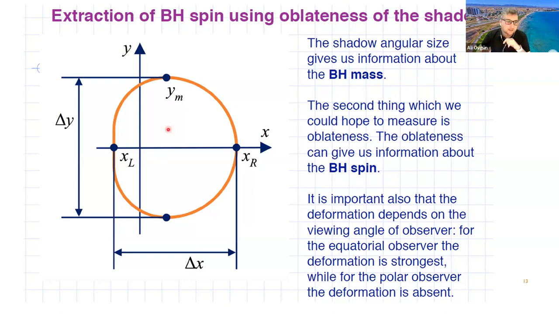As you see, this picture is not a full circle. It is also important that the deformation from this circle depends on the viewing angle of the observer. For the equatorial observer, the deformation is strongest, while for the polar observer, the deformation is absent. Also, this deformation depends on the spin.